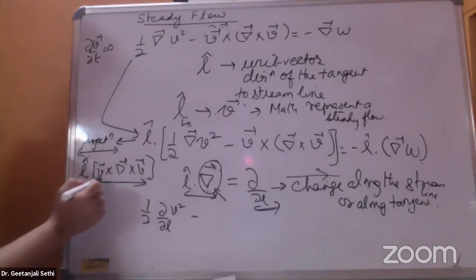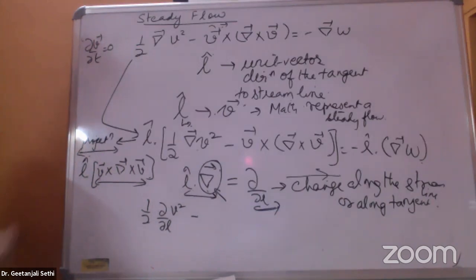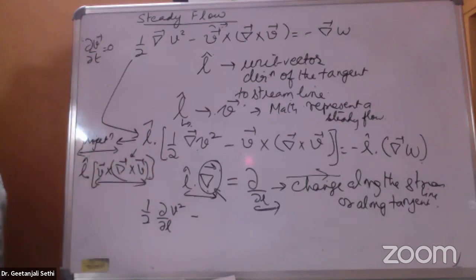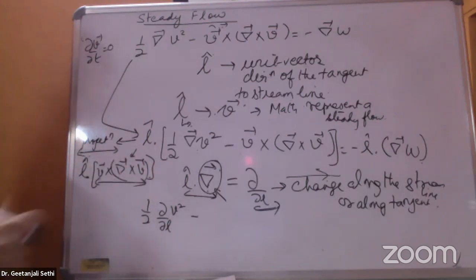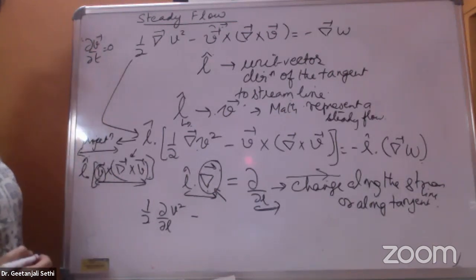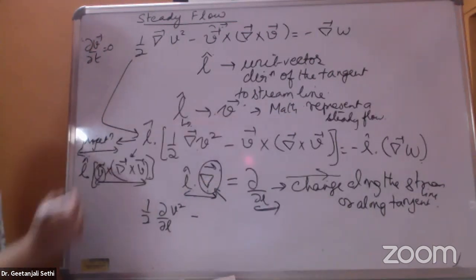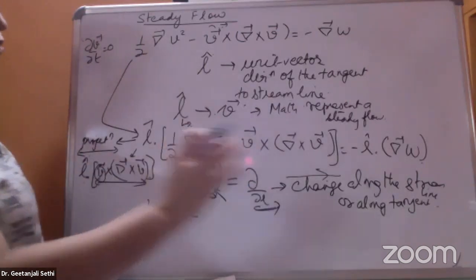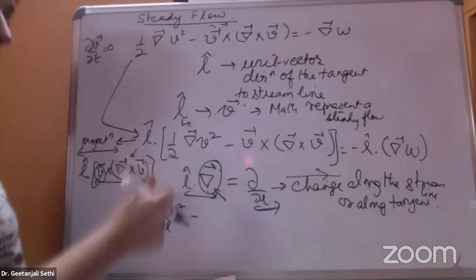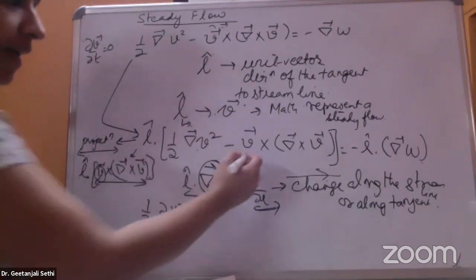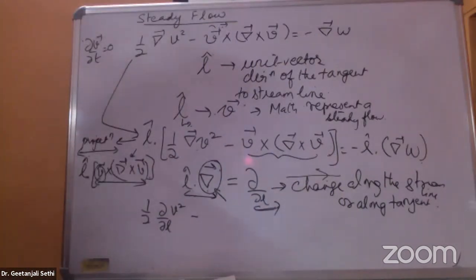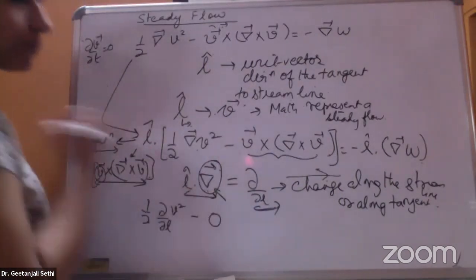This vector is V cross something, so it has to be in a plane perpendicular to my vector V. But L cap is in the direction of V. So if I take a dot product of L with V cross something, that's going to be 0, because L is in the direction of V and this vector is perpendicular to the velocity vector. So this term is 0.